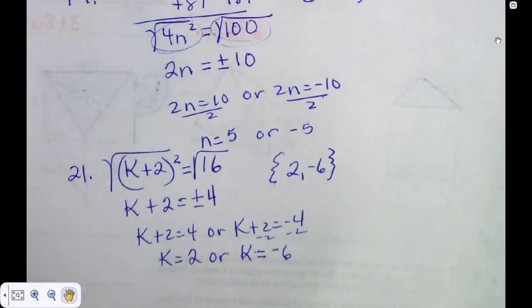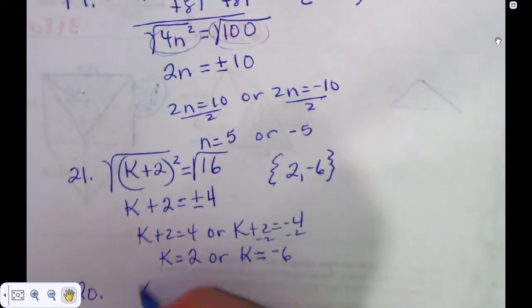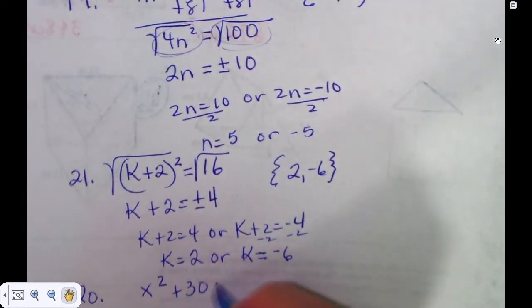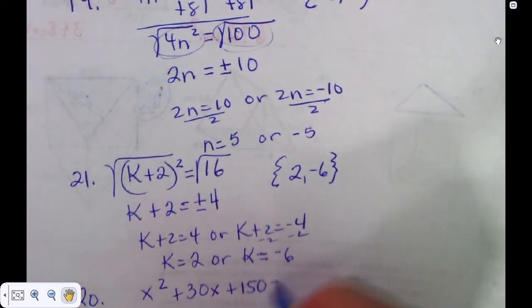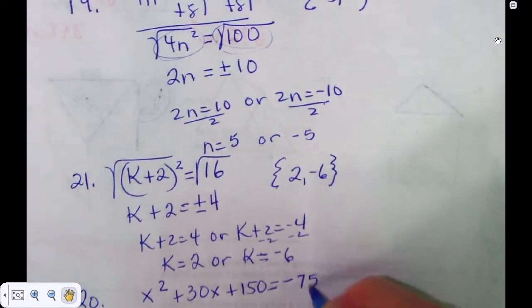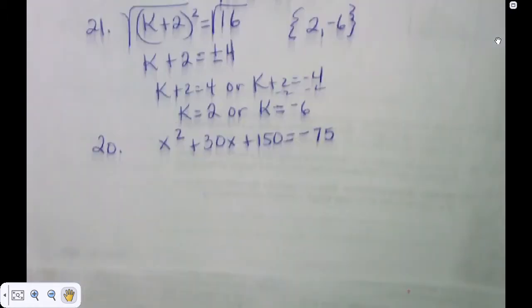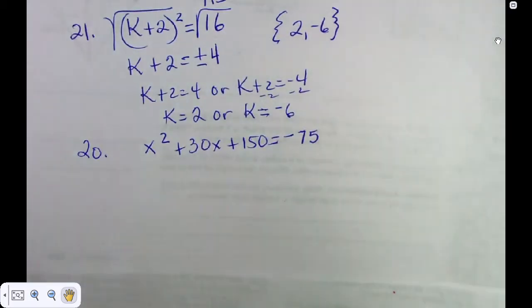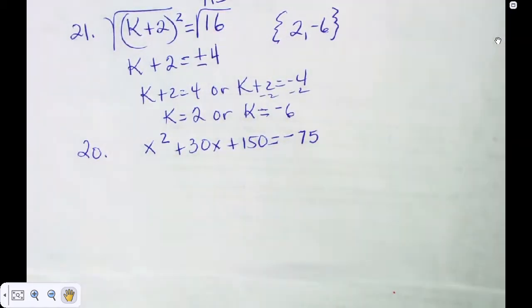Okay? We're going to go look at number 20. Boy, they're making us really think on this one. Look on 20. Okay. Remember, the main thing is to solve for x.